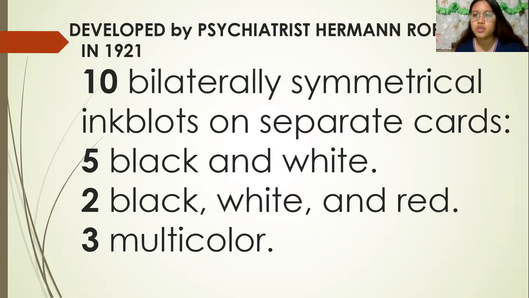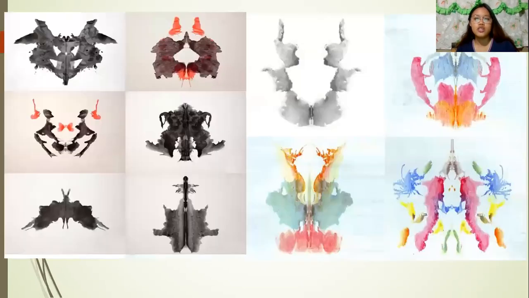To show the actual ink blots, the next slide is going to present the different cards. So this one. We have black and white, 1, 2, 3, 4, 5, and the other 2 are red and black and white, and the rest are colored. They are all symmetrical.